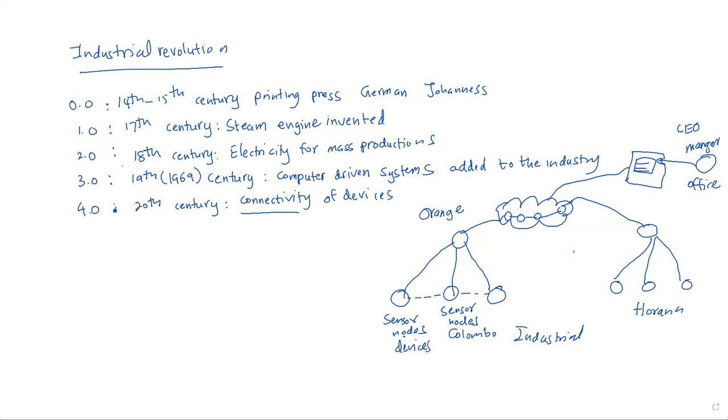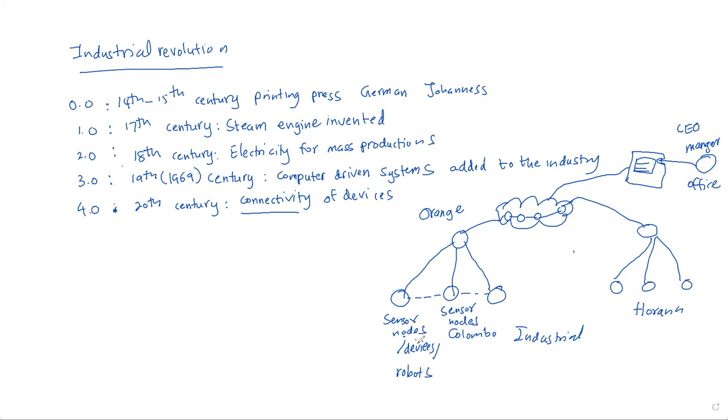So I don't know whether it's clear to you, right? If it is not clear to you, you can let me know. I mean, these sensor nodes can be thought of also as a device, right? So instead of sensor nodes, we can also consider devices, or we can also consider robots.